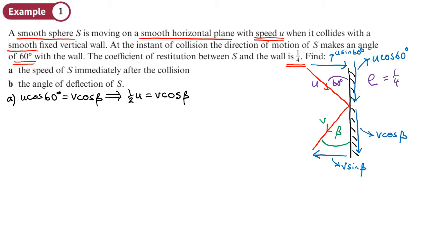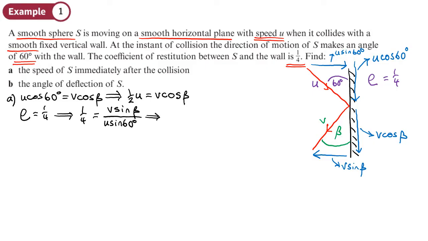So we have the coefficient of restitution, which is 1/4, which means that 1/4 is equal to the speed of rebound, or the perpendicular speed of rebound, which is v sine beta, divided by the perpendicular speed of approach, which is u sine 60.